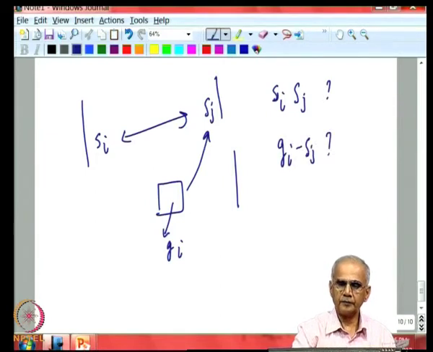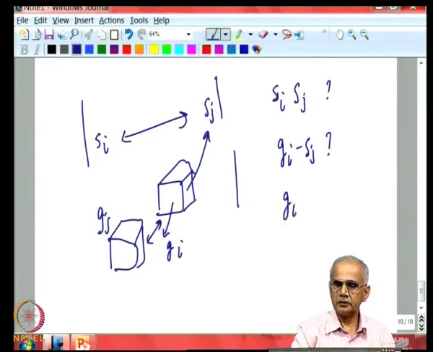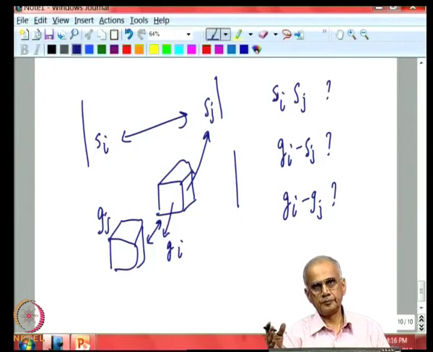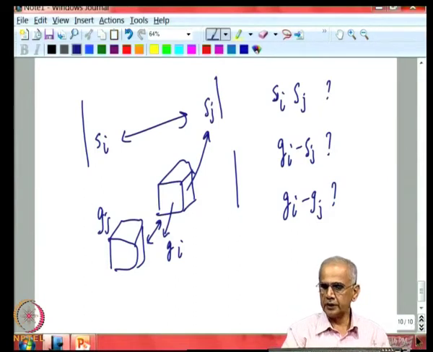We have to calculate that. Finally, you have to calculate volume to volume exchange between one gas element and another gas element, that is Gi Gj. So, we need to define these 3 parameters: surface to surface, volume to surface, volume to volume. So, let us define each of these 3.